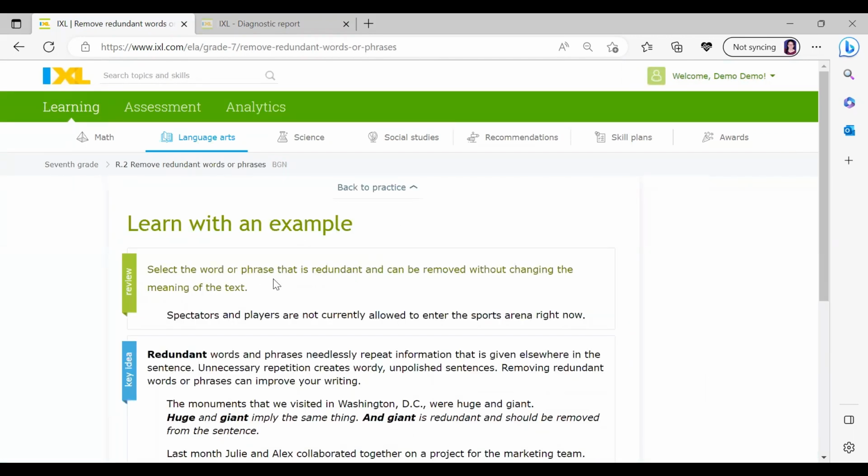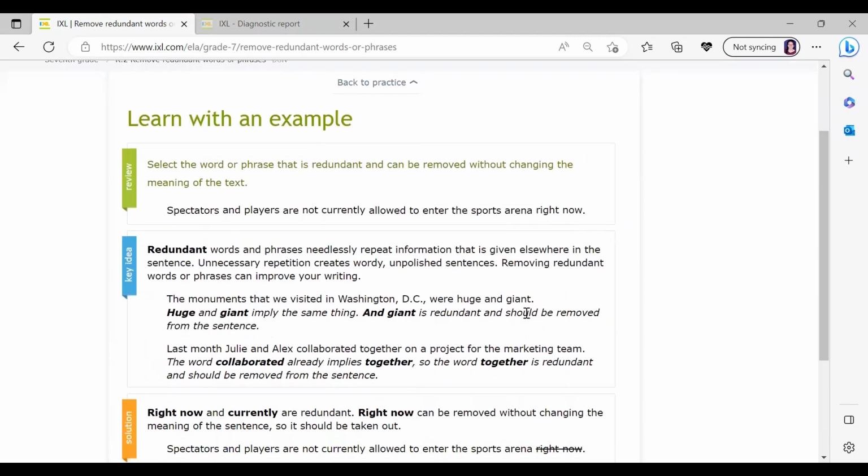Select the word or phrase that is redundant and can be removed without changing the meaning of the text. Redundant words and phrases needlessly repeat information that is given elsewhere in the sentence. Unnecessary repetition creates wordy and unpolished sentences. Removing redundant words or phrases can improve your writing.